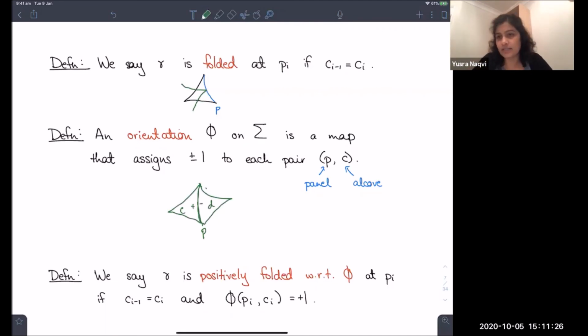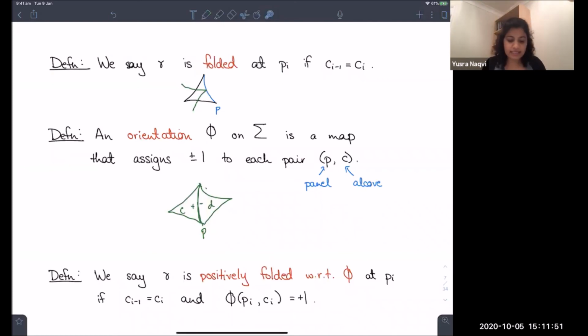I could give it -1. I could also give it +1. There's nothing here that's keeping me from just putting pluses everywhere. But that's a trivial orientation, and it's not going to be very interesting for us. We're going to be looking at locally non-trivial orientations where if one side has a plus, the other side has a minus. But remember that this assignment is really made to the panel and alcove pair.